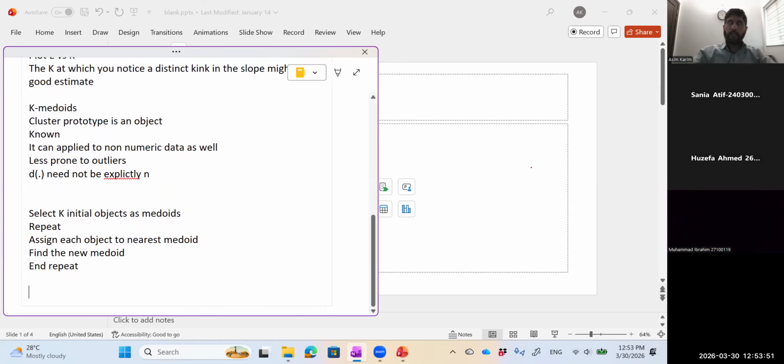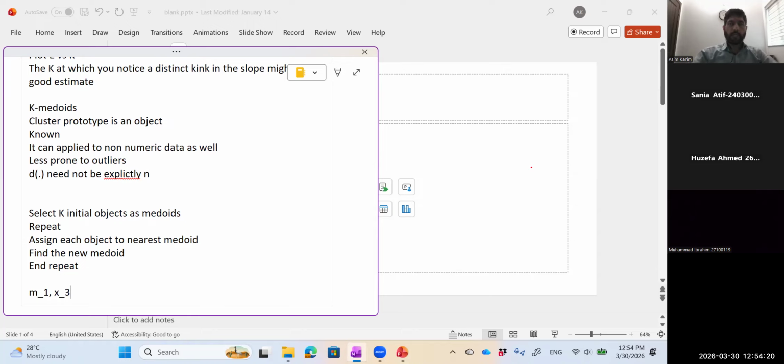ठीक है. So how do you find the new medoid? So let me give you a simple example. Of course ये iterative है. So let's say मैं cluster C1 की बात कर रहा हूँ. So let's say we are talking about medoid 1, and let's say this is some object x, let's say 3.